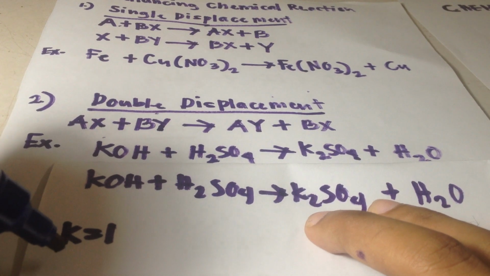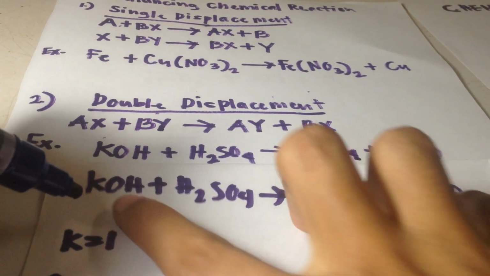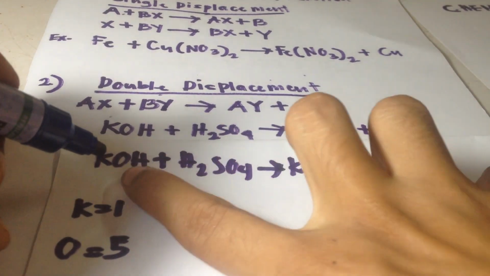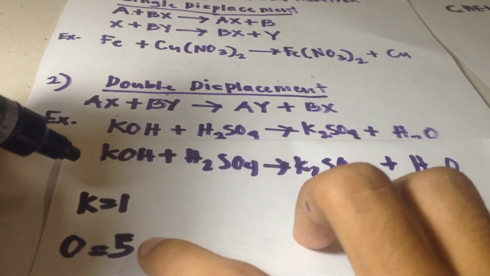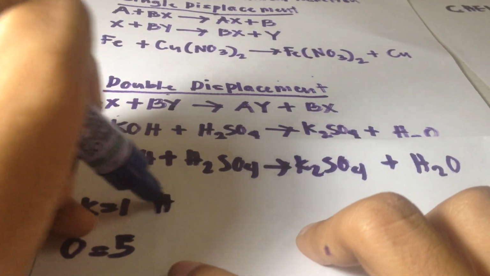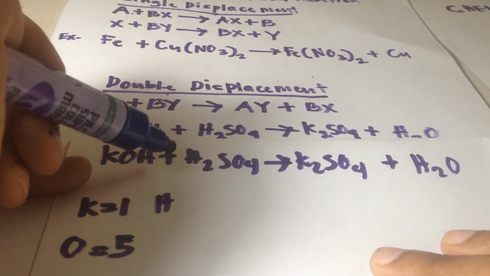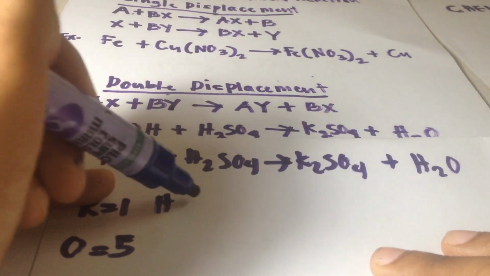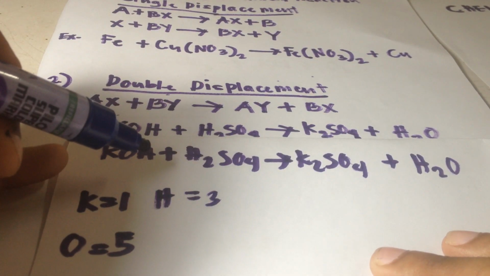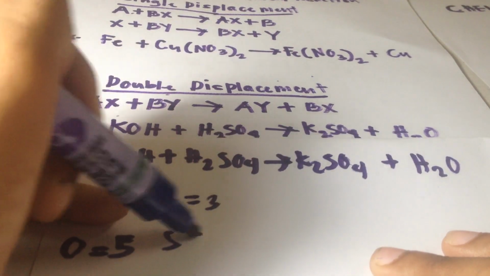Oxygen has 4 plus 1, which is 5. And hydrogen has 2 plus 1, which is 3. And sulfur has a subscript of 1.